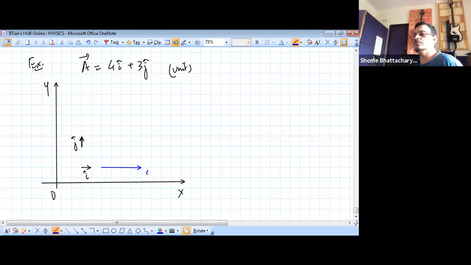This should be the vector 4 i cap, and like that 3 j cap, plus 3 को मैंने multiply किया है j cap के साथ. So remember, when we multiply a vector with a positive quantity, उसका direction same रहता है, but magnitude becomes that many times. So 3 j cap is 3 times j cap. So its magnitude is 3 units, but its direction is along j cap. So that is the positive y-axis. So in this diagram now 3 j cap should look something like this.